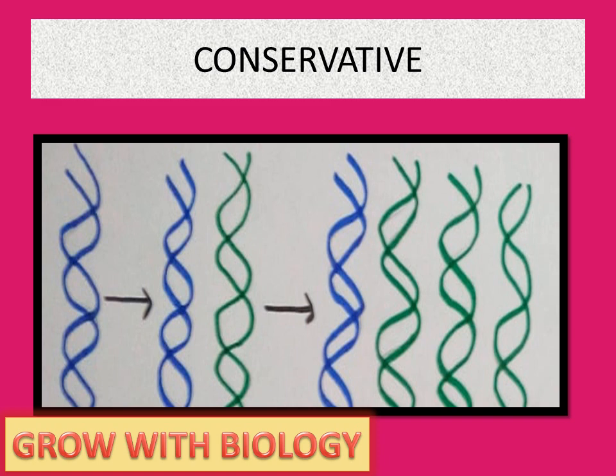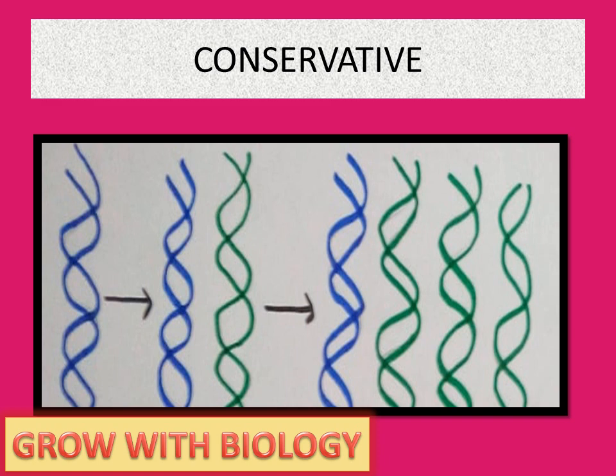Now of these three modes, if we see the conservative mode, one is parental, that is N15. In the first generation there are two DNA, one is N15, another is N14, freshly or newly paired, and in the second generation again one is N15 and the rest are N14.